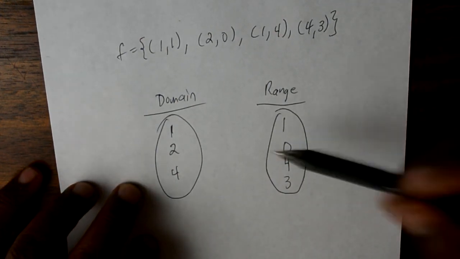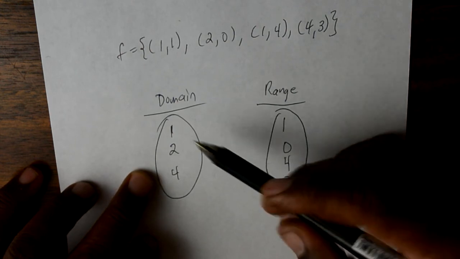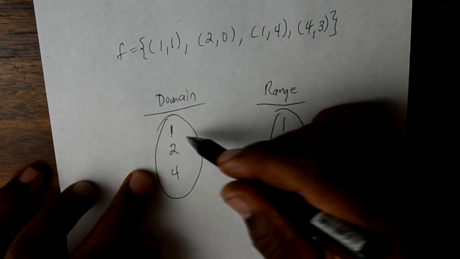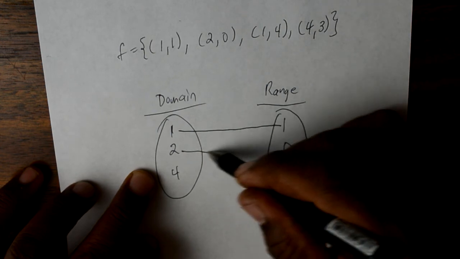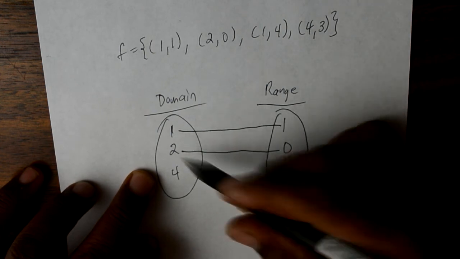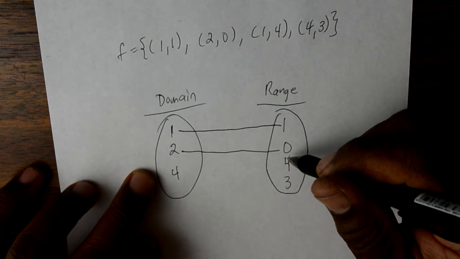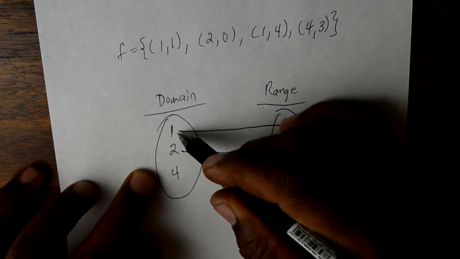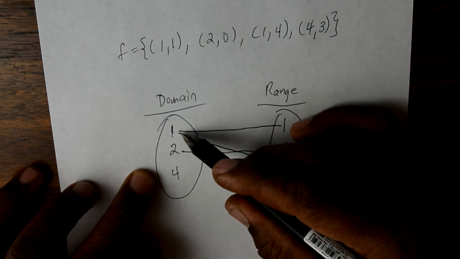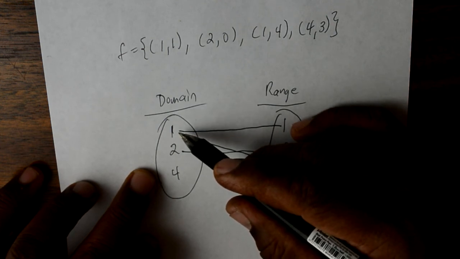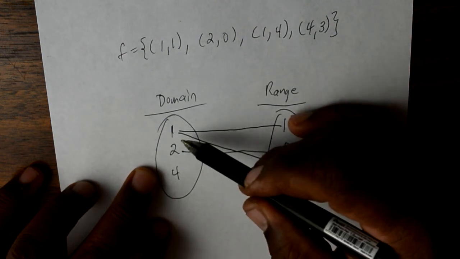And now we'll map the domain onto the range. 1 corresponds to 1, exactly 1 element in the range. 2 corresponds to 0. 2 corresponds to exactly 1 element in the range. 1 corresponds to 4. And here we have a violation of the definition of a function.